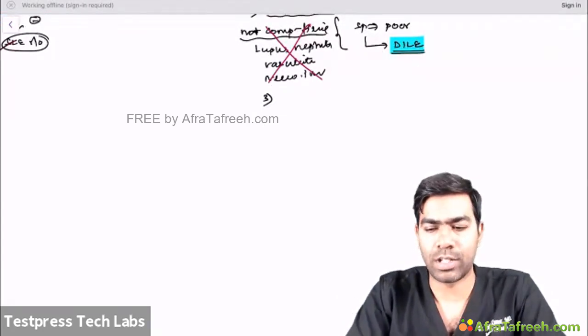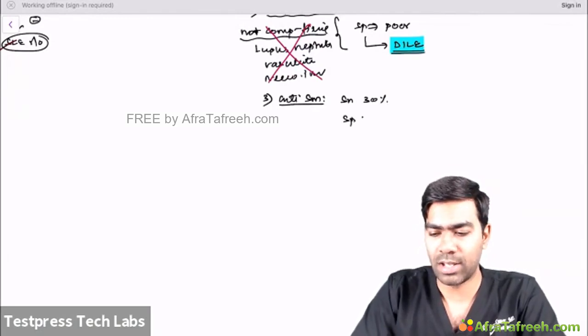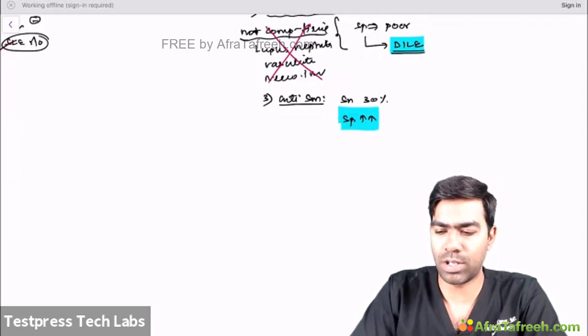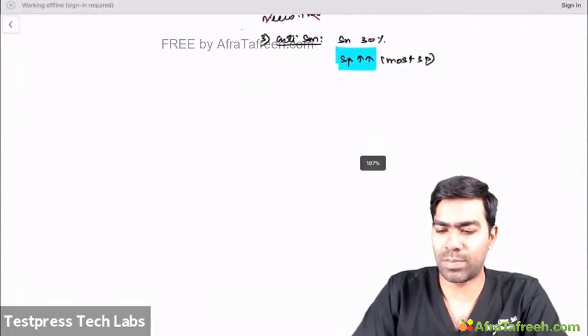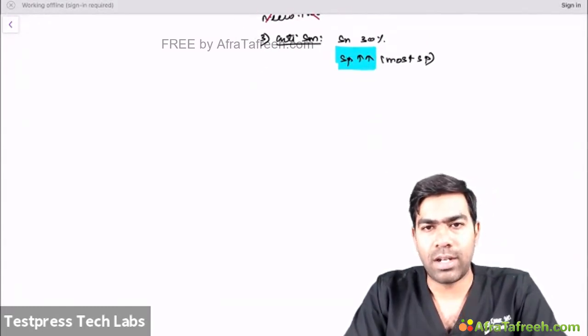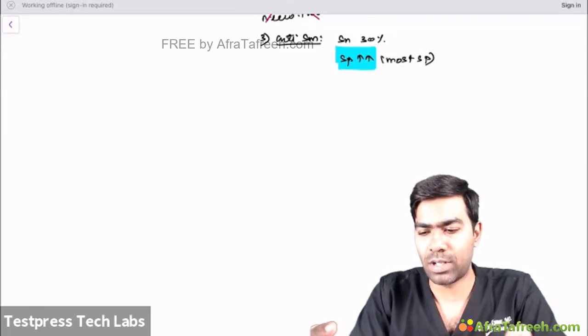On the other hand, we have another antibody called anti-Smith antibody. Sensitivity is very poor, only 30%, but specificity is very, very high. In fact, on paper, this is the most specific antibody. If anti-Smith is positive, it is equal to SLE. That's all. And it does not have any good correlation with your disease manifestations.